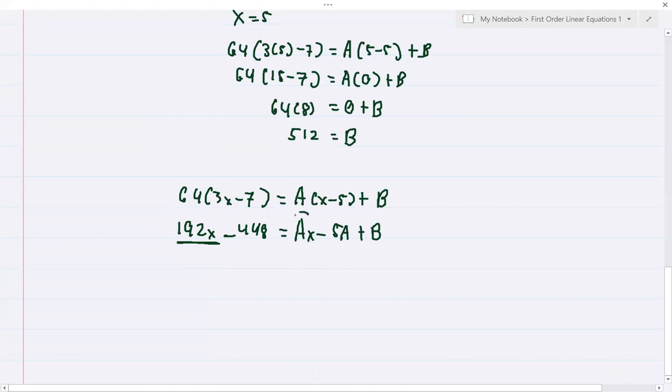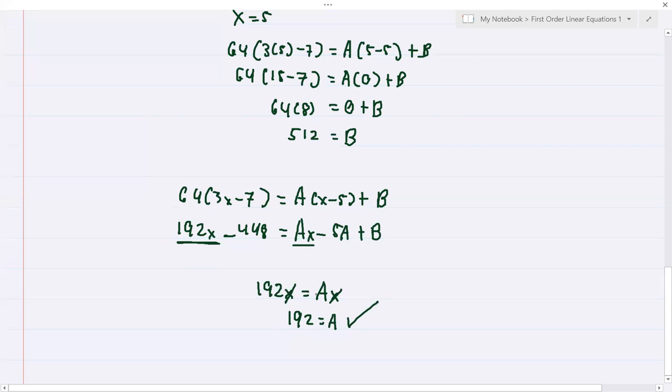And what would that be? Your Ax. So since both of them are similar terms because both of them are x, we will have 192x is equal to Ax. And since we have x on both sides, we will cancel out. So we will have 192 is equal to your A. And this is your A already. It's finished. That is your A.